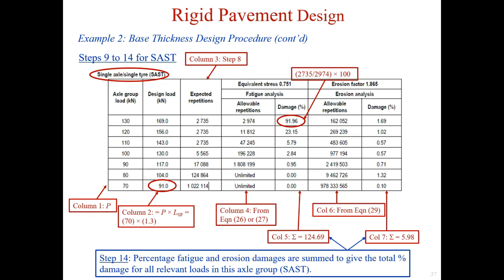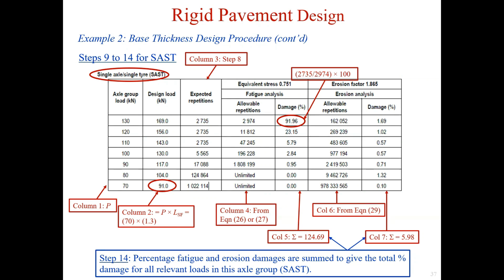This table is the summary of the calculations for the axial group SASD. The first column is the actual group load P. The second column is the design load, which is P times LSF. The third column is expected load repetitions from step 8.